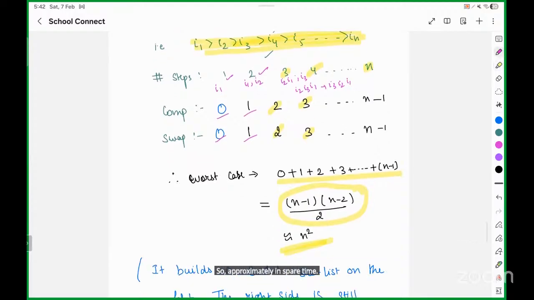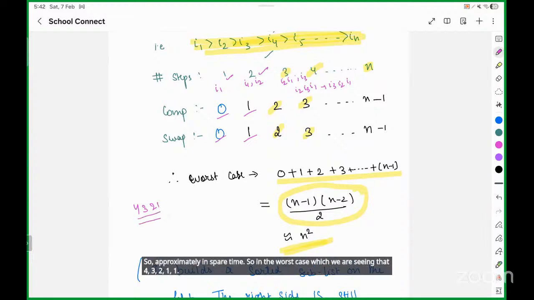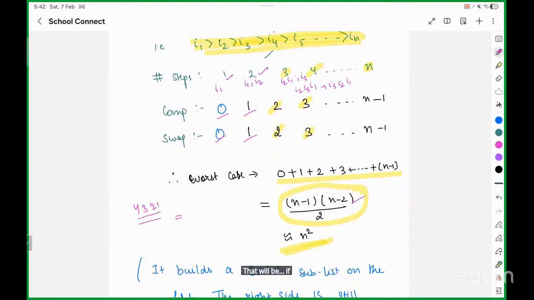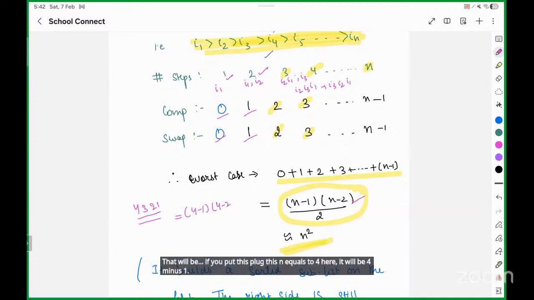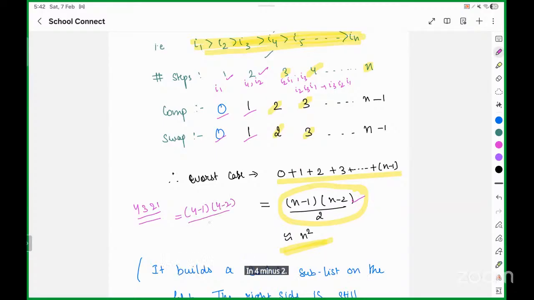So in the worst case, which is 4, 3, 2, 1, if you plug in n equals 4 here, it will be 4 minus 1, and 4 minus 2 divided by 2... where is my error here?